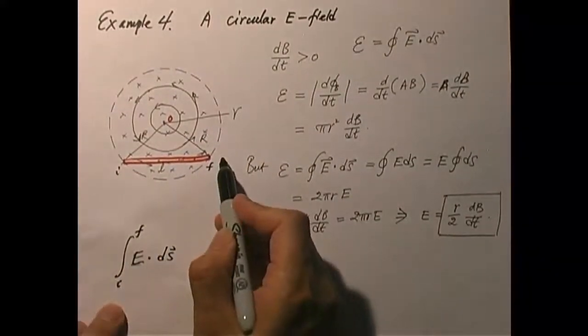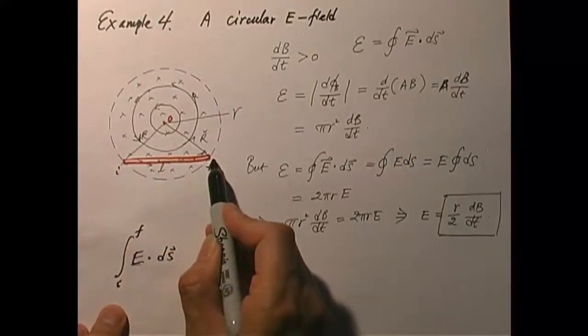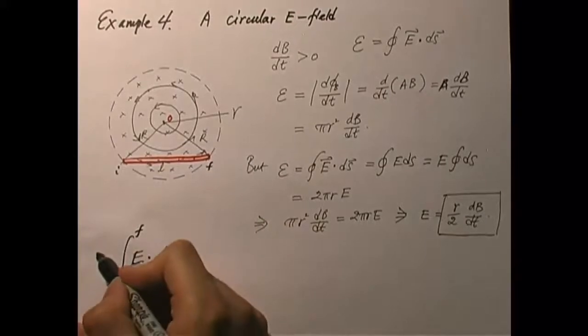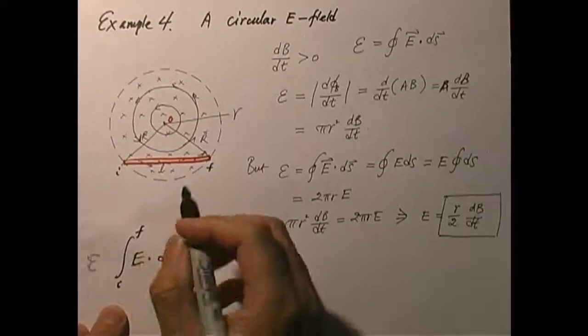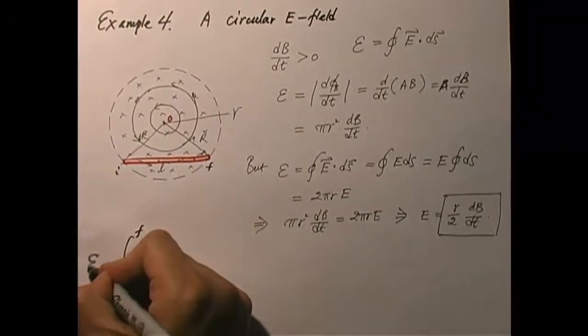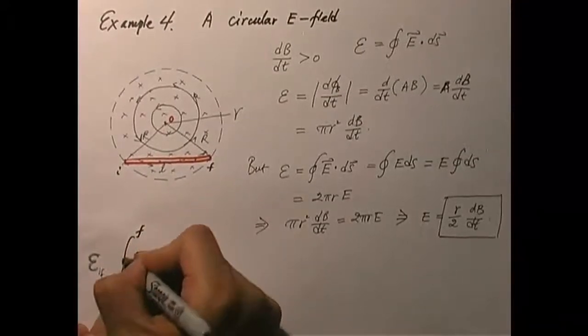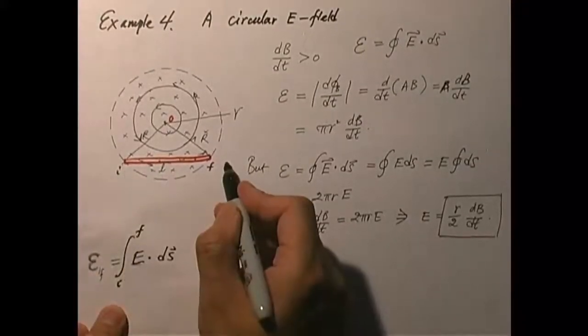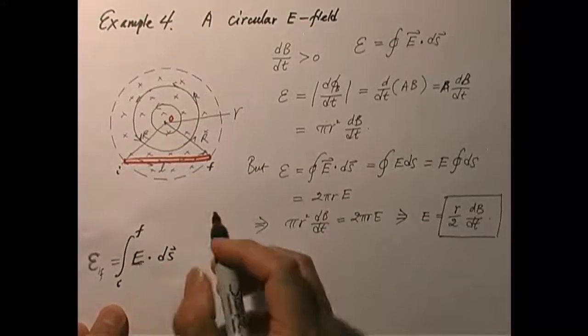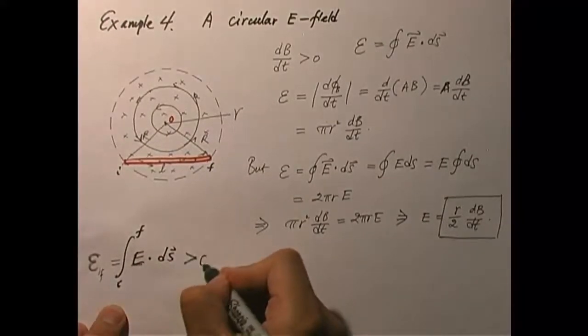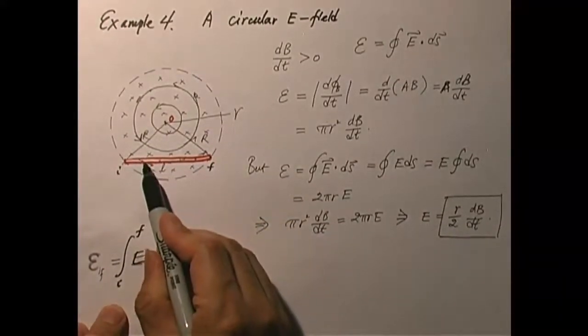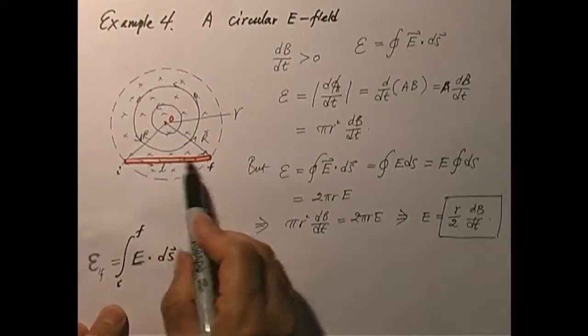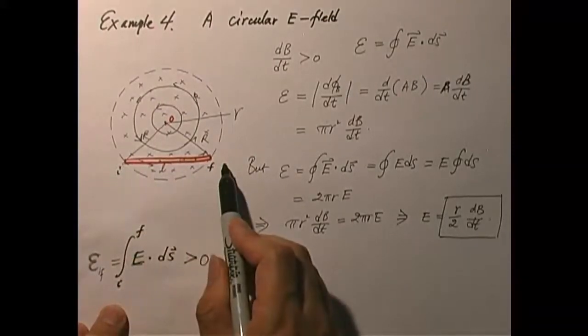E is generally pointing this way, so this will be the epsilon that you're looking for between the two points I and F. And it is positive because generally speaking, E and ds are in the same direction. They both point towards the right.